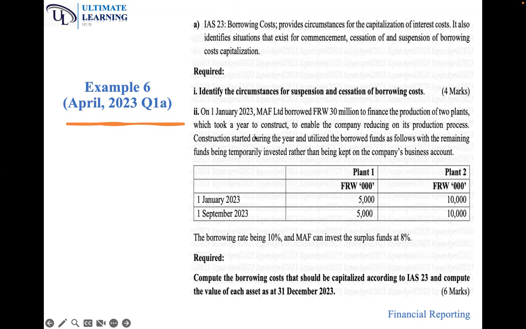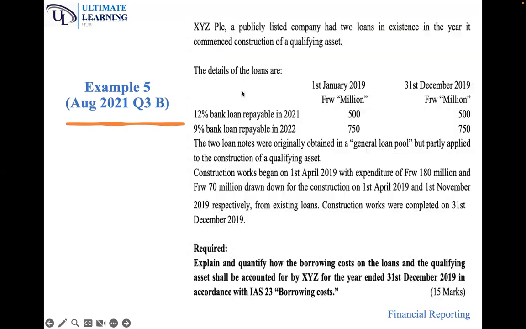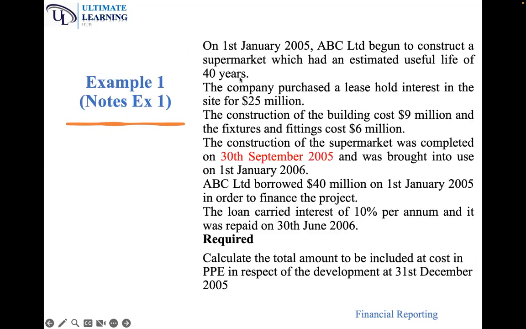Okay, let's move on to the Excel sheet so that we solve example 1. Let's read it once more before I go to the Excel sheet. On 1st January 2005, ABC Limited began to construct a supermarket which had an estimated useful life of 40 years. The company purchased the leasehold interest in the site for 25 million.